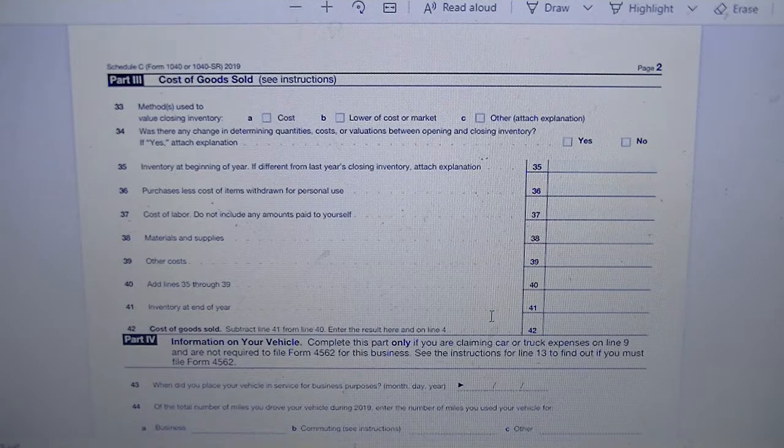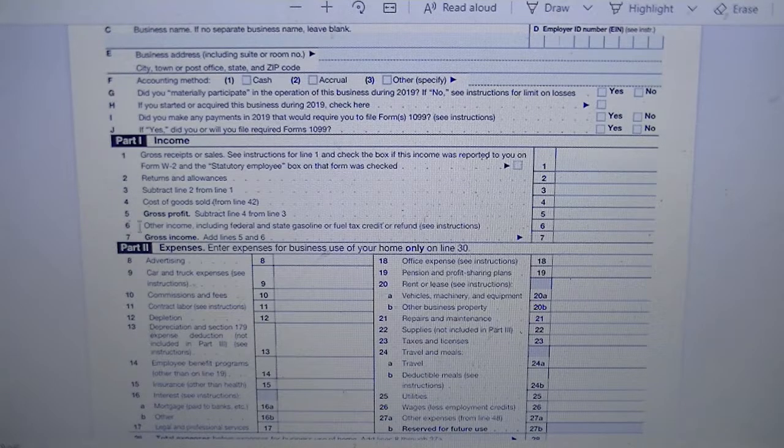You can include it there, and that will just account for that cost for you, but you don't include the profit. So that means your income on line 1 will be short that amount that the customer didn't pay, but your cost of goods sold will account for that item cost. That's the best way to claim bad debt on goods sold that were not paid for and the income was not included previously in your business tax return.